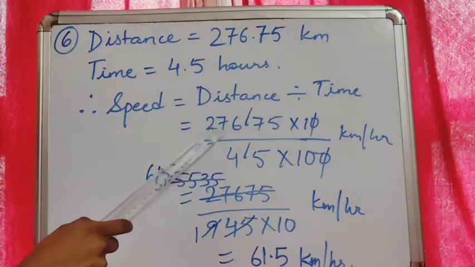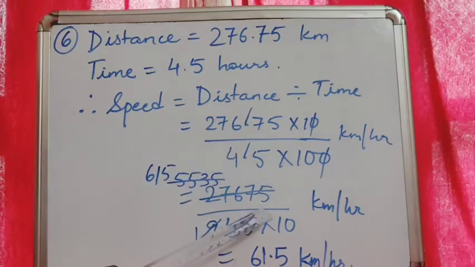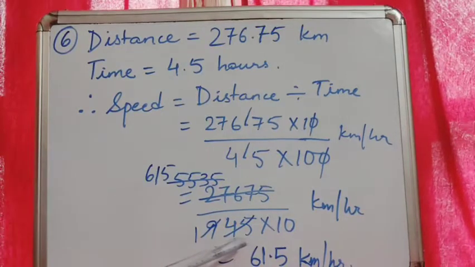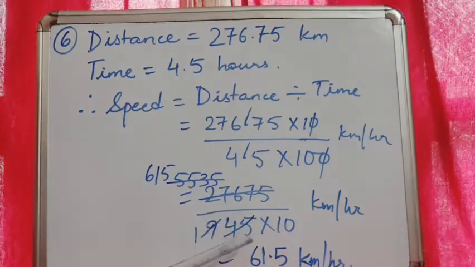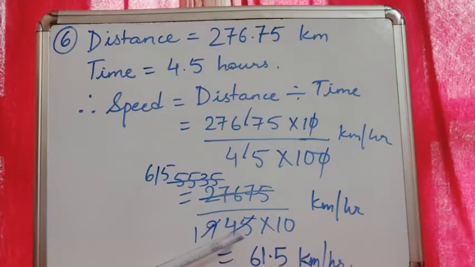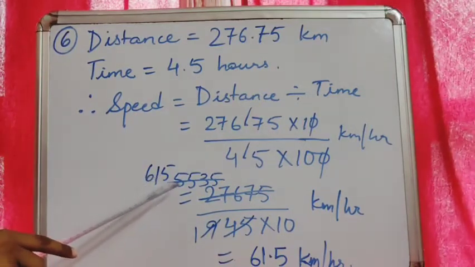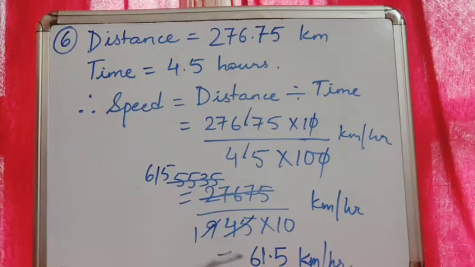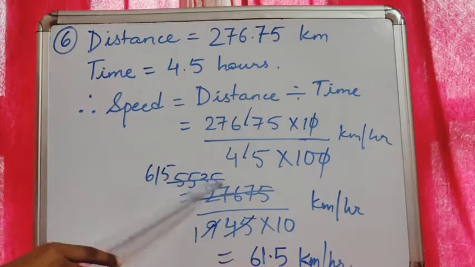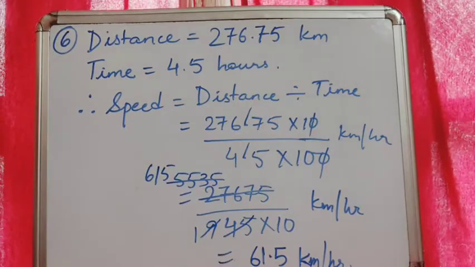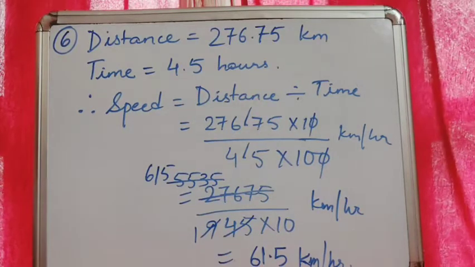So we are left with 27675 in the numerator by 45 into 10 in the denominator. Now if you reduce these two, I have reduced this by 5 and then by 9. I got 615 in the numerator by 10 in the denominator. So I have 615 by 10. That means this is equal to 61.5 kilometer per hour. So our average speed will be 61.5 kilometer per hour.